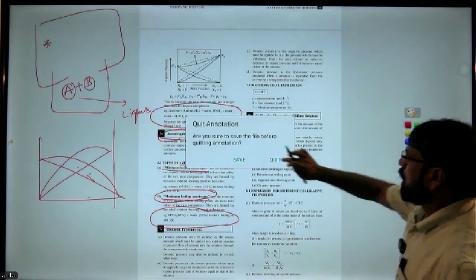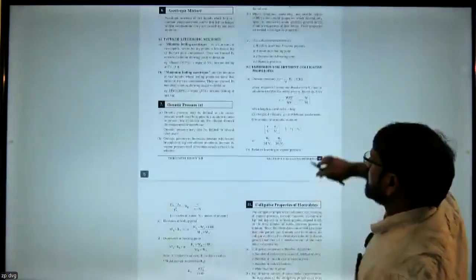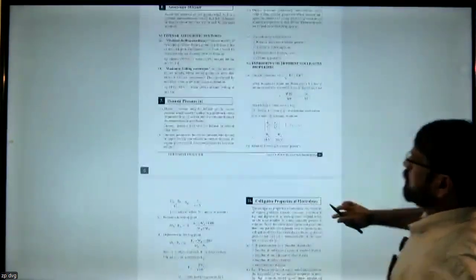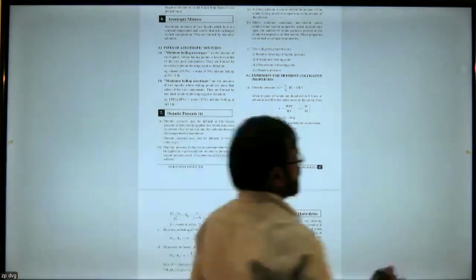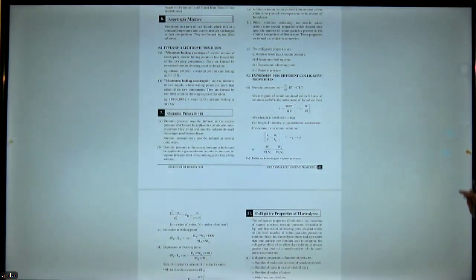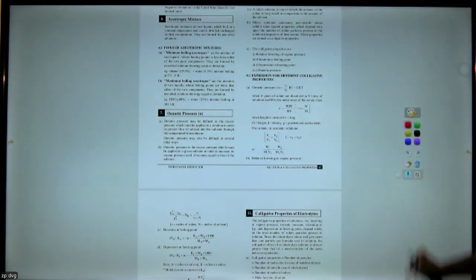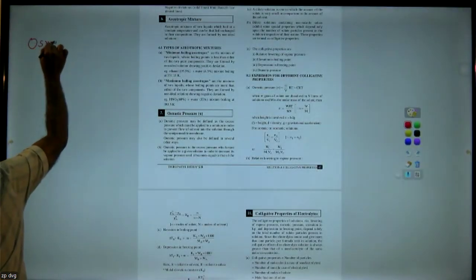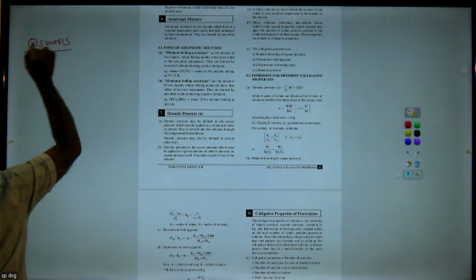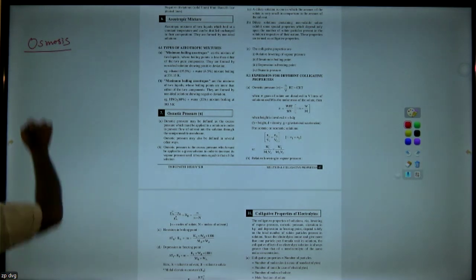The next one, osmotic pressure. Let us see what osmotic pressure is and what formulas we are using. First, what is osmosis?